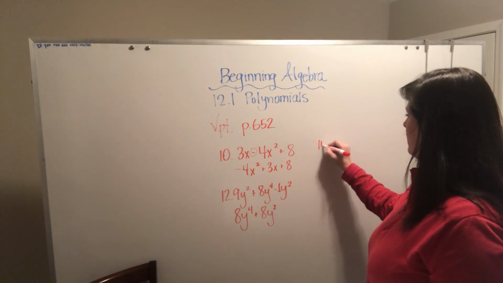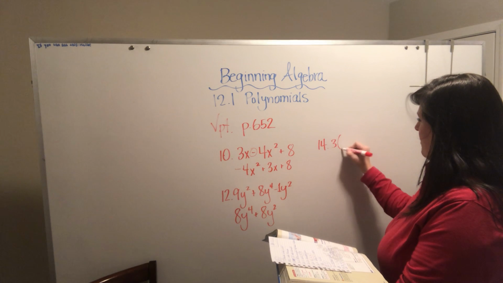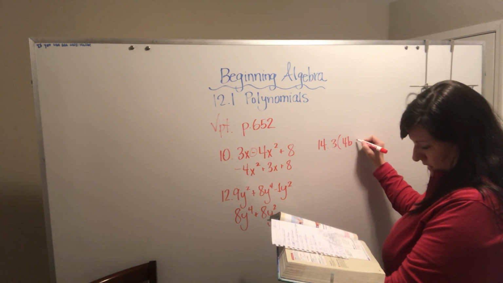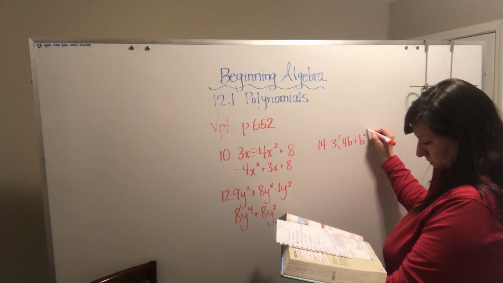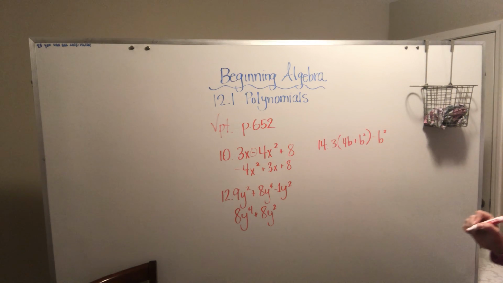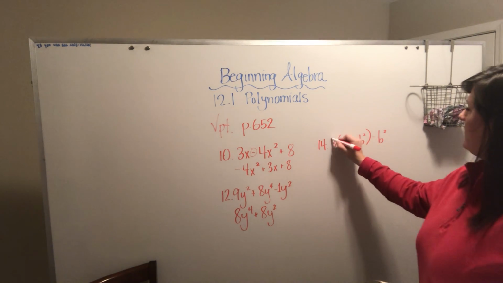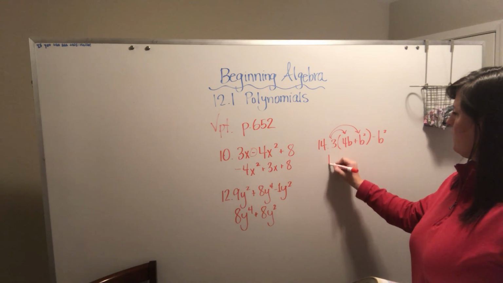I'm going to go ahead and do 14 also, because you have the distributive property in this one. 3 parentheses 4b plus b squared minus b squared. Okay? So, in this case, you need to distribute 3 times 4.